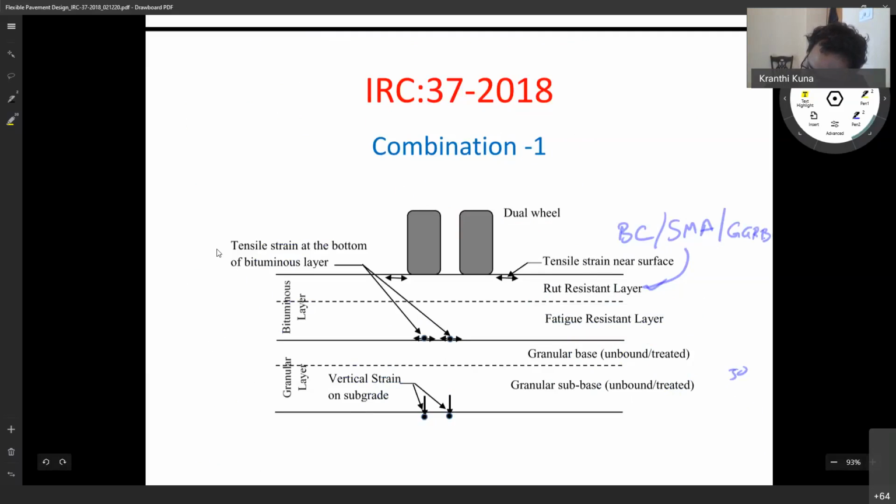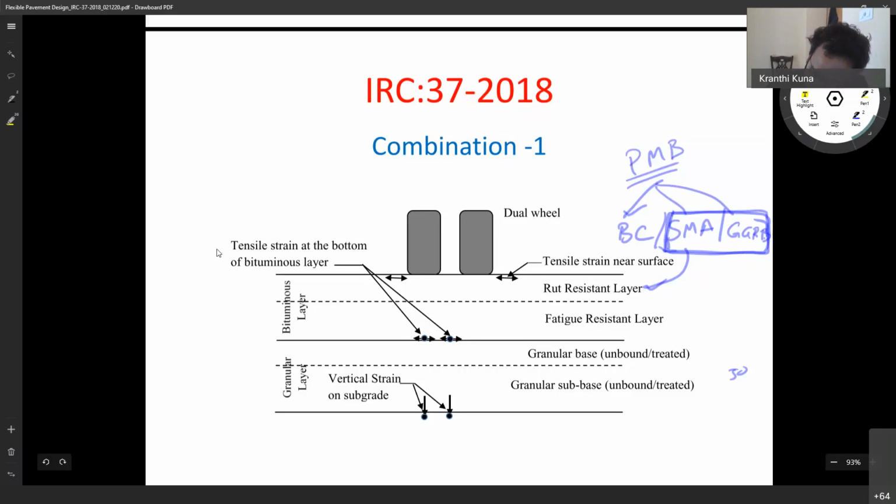These two are rut resistant mixes. This one is also rut resistant, but you have to use it in all three of them. If you use a polymer modified bitumen, you can consider this as a rut resistant mix, but traditionally we call these two rut resistant mixes.